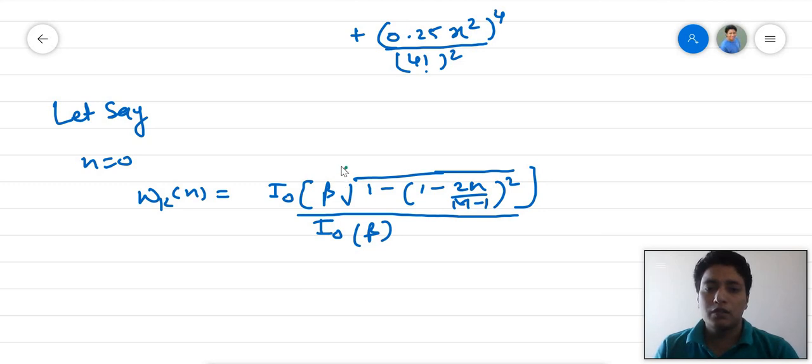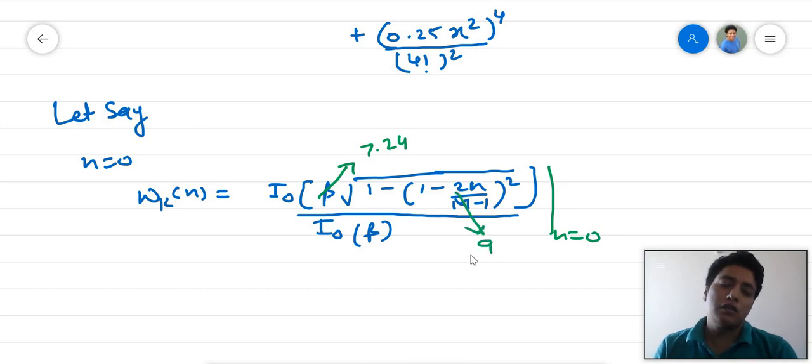Now beta is 7.24, n is equal to 0, m minus 1 is 94.